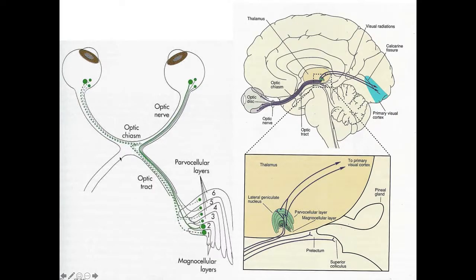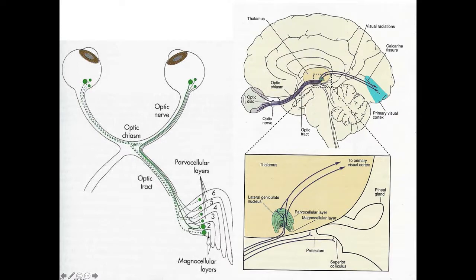You can see these dotted lines, for example, are carrying information from the contralateral eye and innervating layers 1, 4, and 6. Whereas the inputs coming in from the ipsilateral eye are innervating layers 2, 3, and 5. So these are the ones where you see it come in and feed into that side.